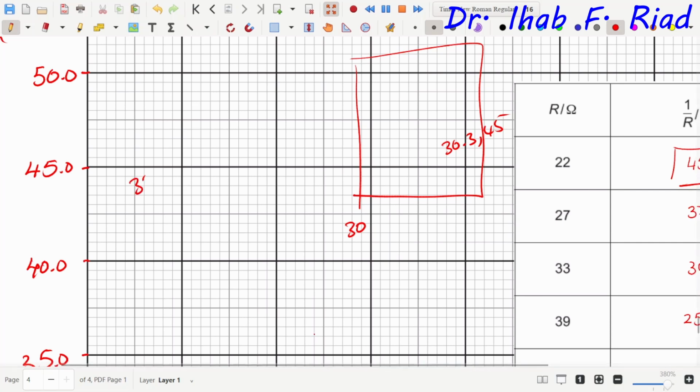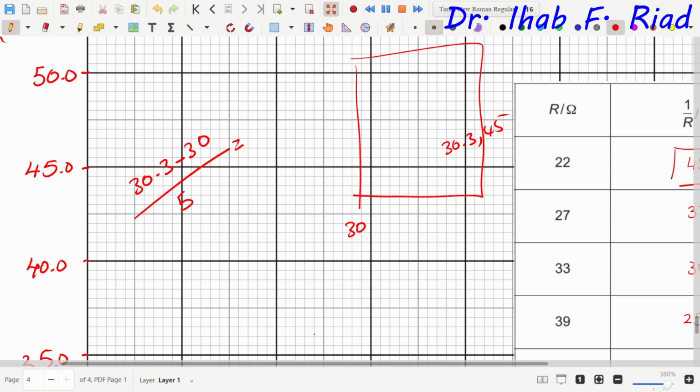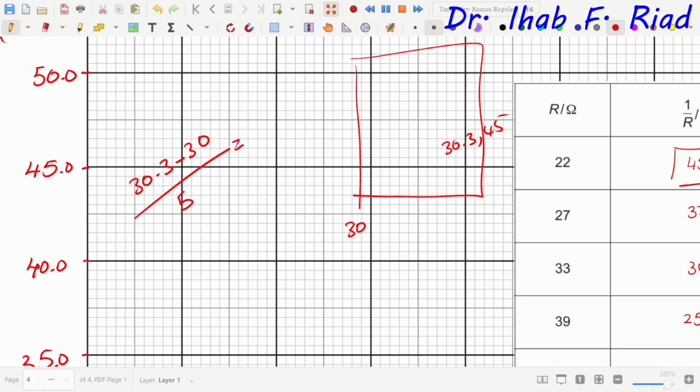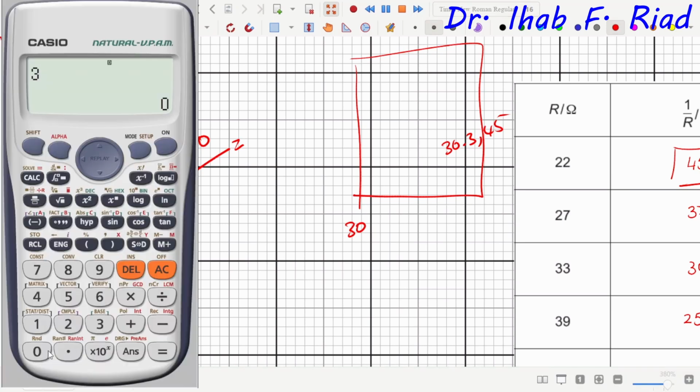So we have 30.3 minus 30, and we divide by 5. Yes, it is 0.06.